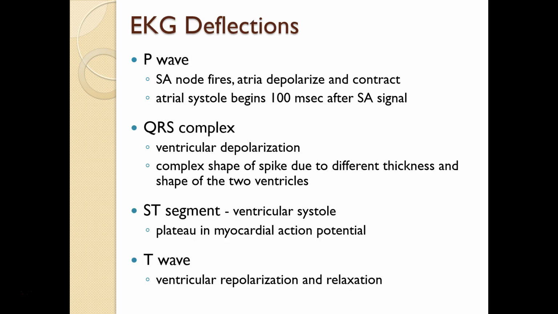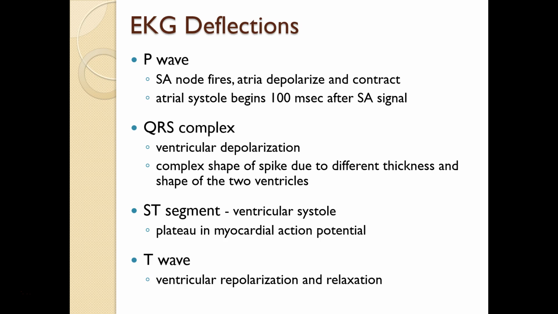So during a P wave, what is happening? The SA node fires. What do we say happens when the SA node fires? It sends an electrical signal to the atrial myocytes. Those muscle cells have action potentials. They depolarize, then they have action potentials, and that causes contraction, atrial contraction or atrial systole.